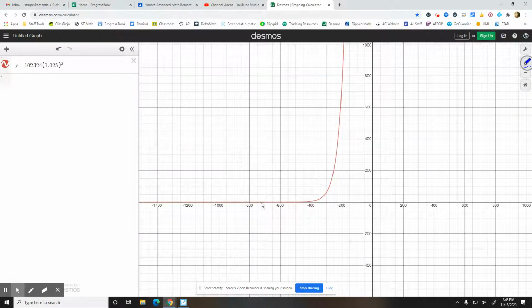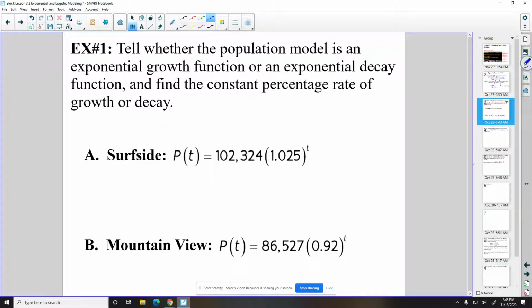There it is. You will see that it starts out small and increases really fast, so that means that's an exponential growth. So let's go back to the notes, and we're just going to write exponential growth.